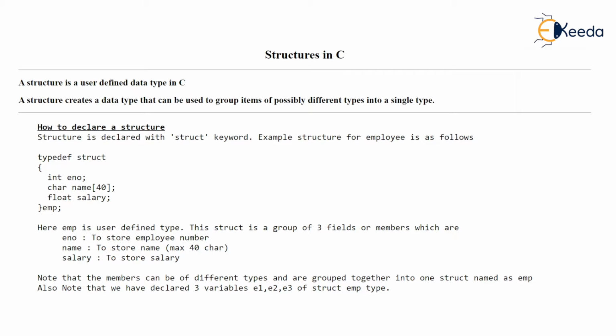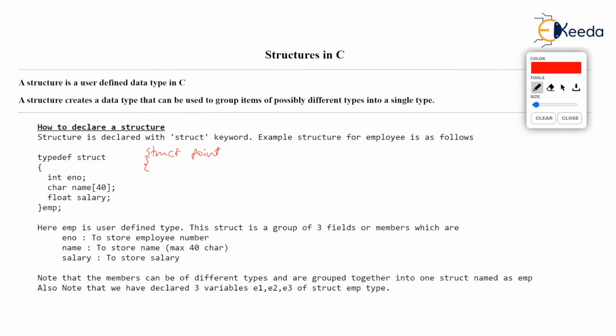Come again with an example. For instance, suppose in my program, I declare a structure called point. I'm not using typedef. Then every point has an x coordinate of float type and a y coordinate. For example, a point can be 2.2, 3.2, so x and y will be float. And suppose I end the declaration like this with a semicolon.